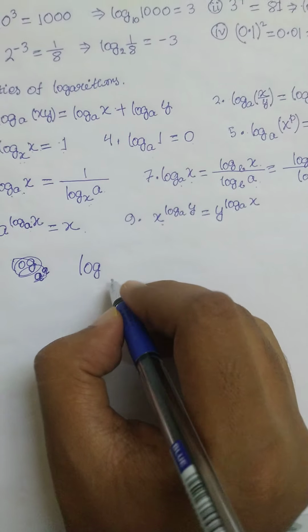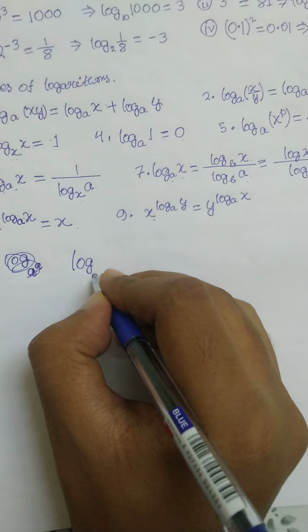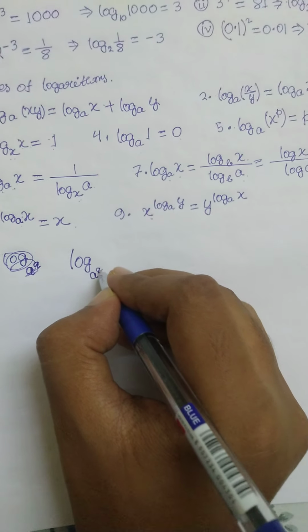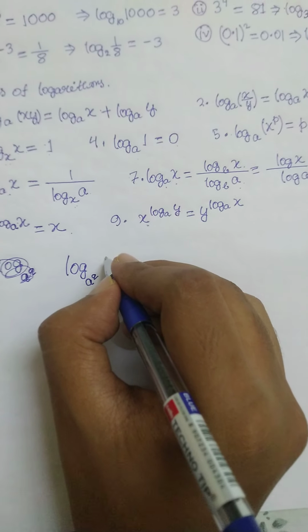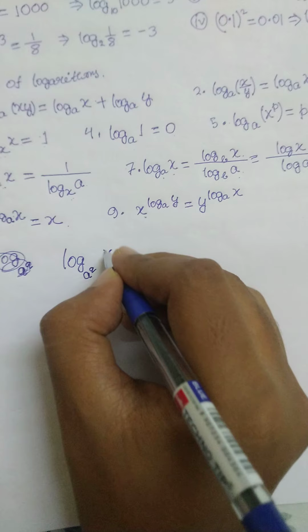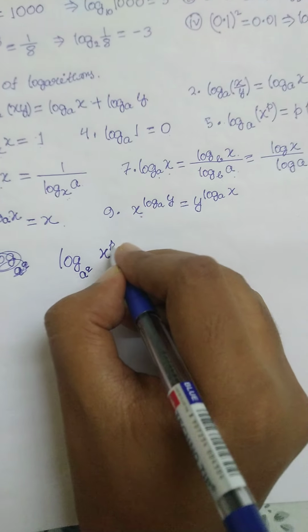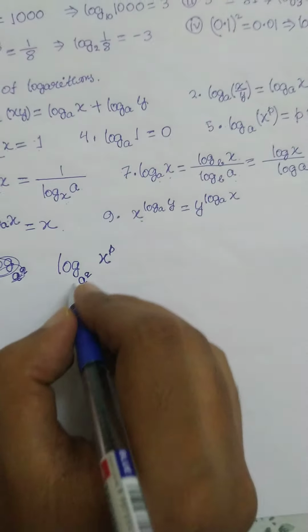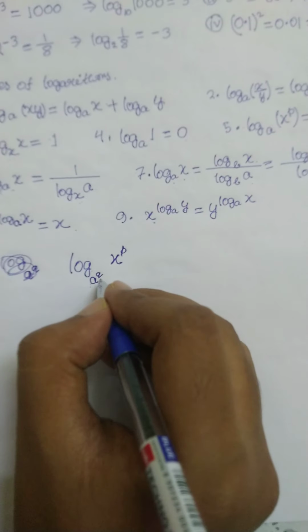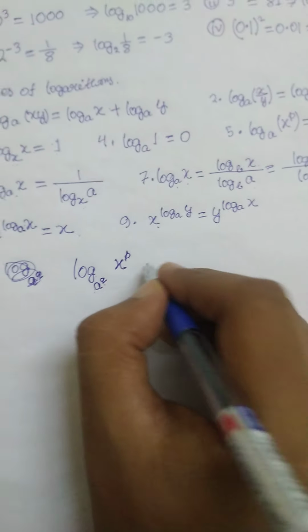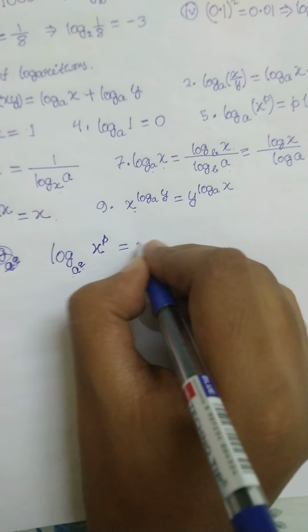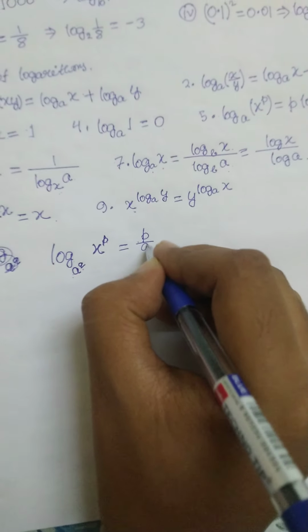Base is a to the power q, and here x to the power p. Hope it is clear. In base a to the power q and outside it x to the power p, that will be equal to p by q log base a of x.